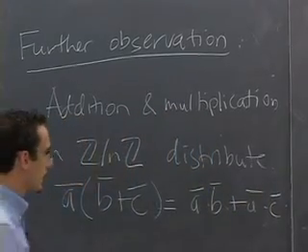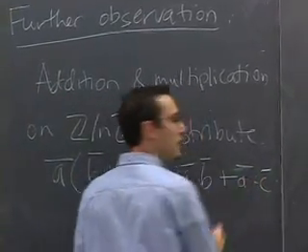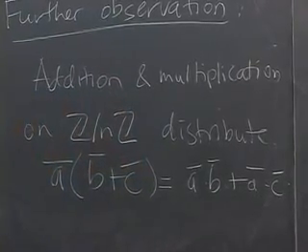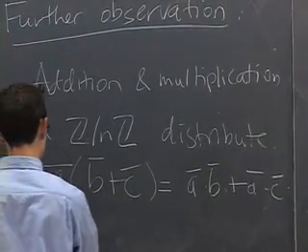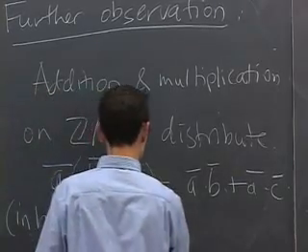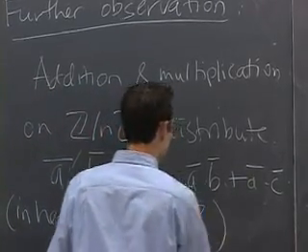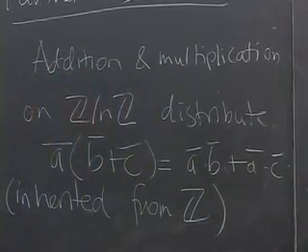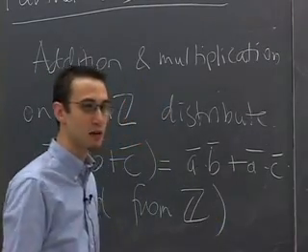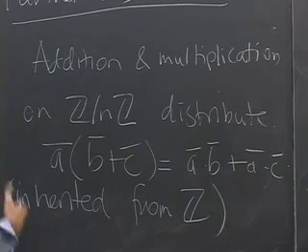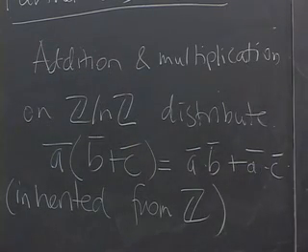Now, of course, this seems like an utterly obvious thing because it's just inheriting what's going on from the integers. So this is inherited from Z, and it's a very simple verification. Nonetheless, it's a very important point. It becomes a repeated theme because we're going to have a lot of things that work very similarly to this. And this is going to be a major theme when we get to the second part of the course on ring theory.